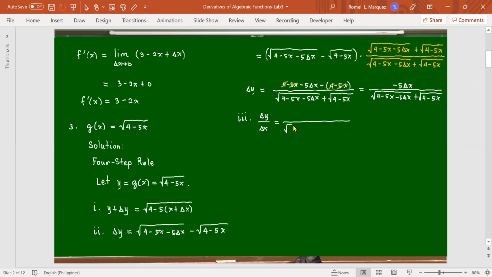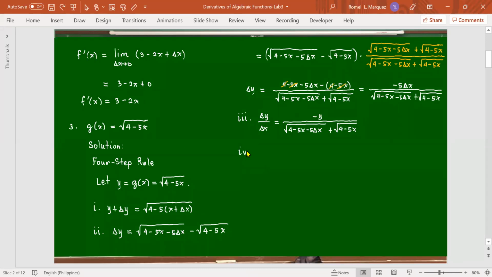In the denominator, square root of 4 minus 5x minus 5 delta x, then plus square root of 4 minus 5x. This is negative 5 in the numerator.